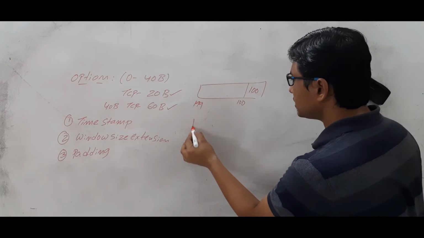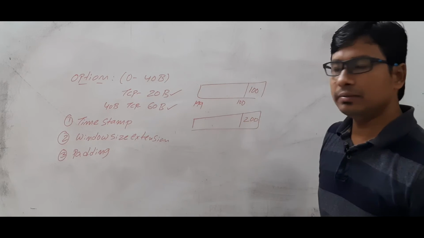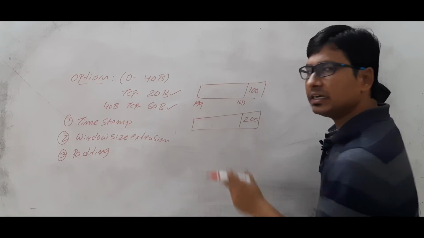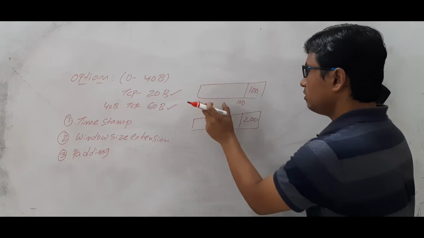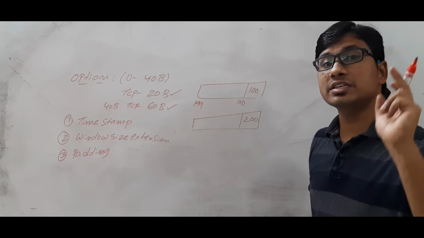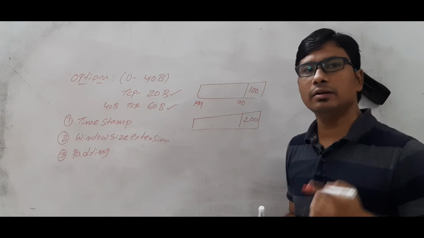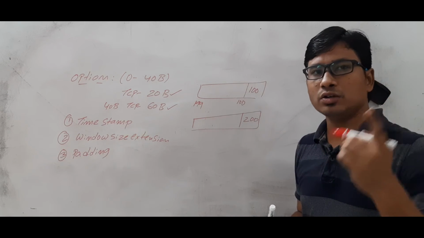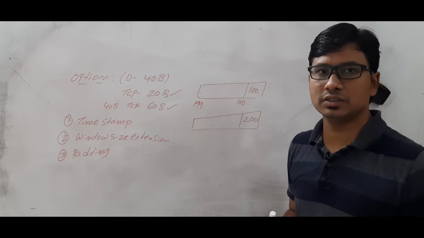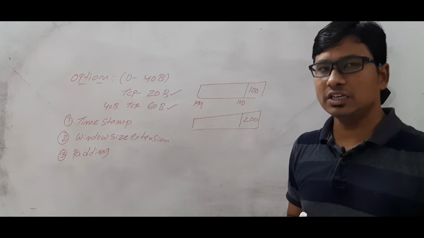Next time whenever you send, the sequence number will go to 200, because you have consumed 100 sequence numbers for transferring the data. So each byte will consume one sequence number, and also for connection establishment and connection termination we are using sequence numbers.